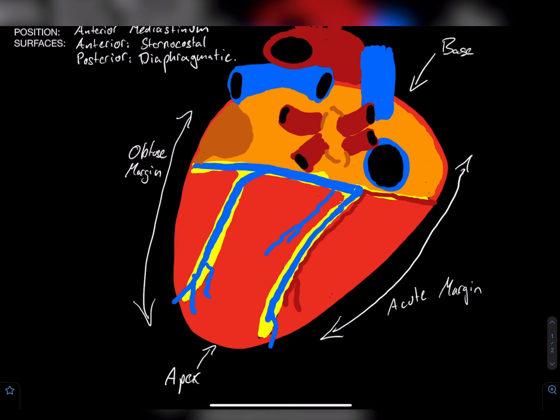Now we're going to start with the major structures again. We have, of course, our two atria, namely the right atrium over here, and the left atrium over here. At the left atrium we have a structure that we cannot see from the anterior view, the so-called auricle of the left atrium.